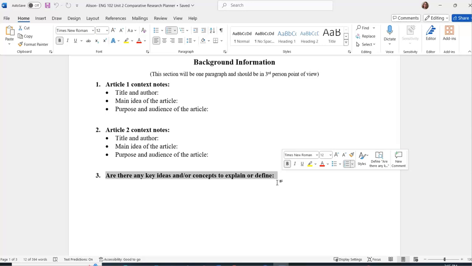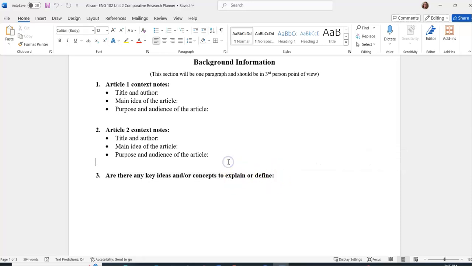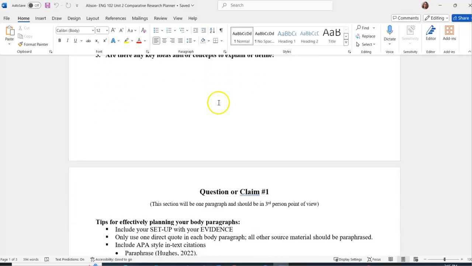So this would be where you would explain those key ideas, those concepts, those laws. Maybe there's some key people, whatever it is that we need to know in order to understand the rest of this comparison essay. So that's going to be in the background information paragraph.